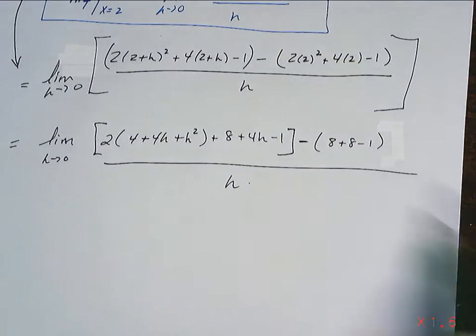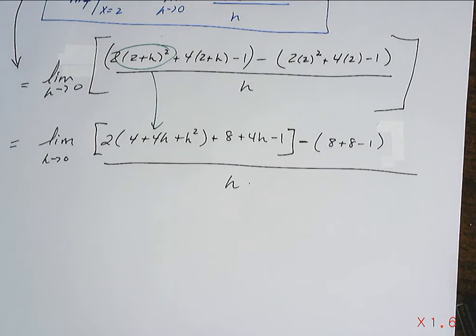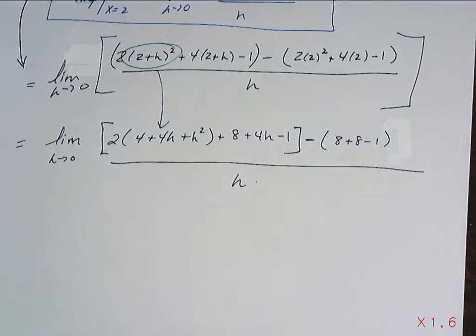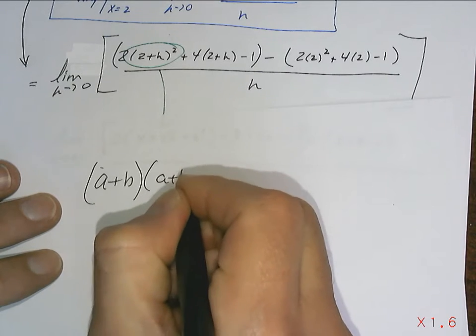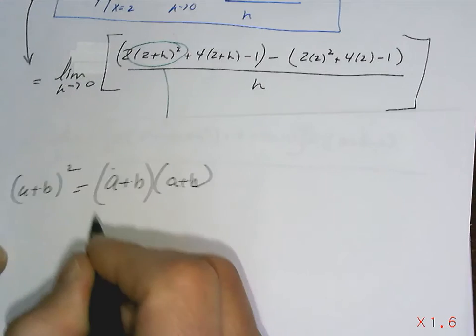So you will notice that I did this pretty darn fast. I hope you can too. And if you need practice on that, take a plus b squared and expand it. Getting another piece of paper. A plus b times a plus b is a plus b squared.